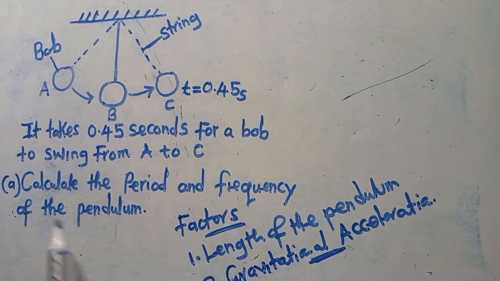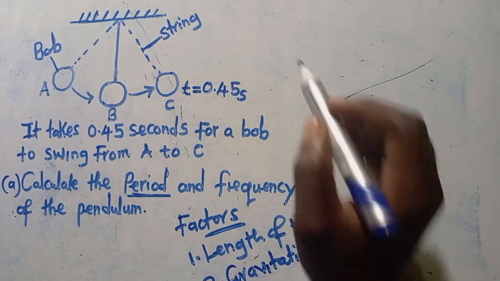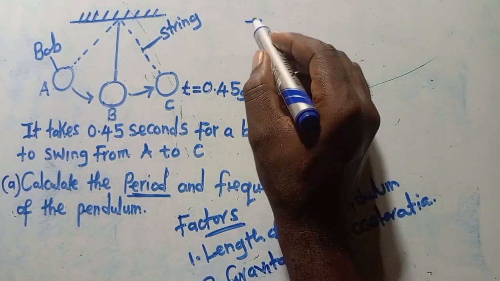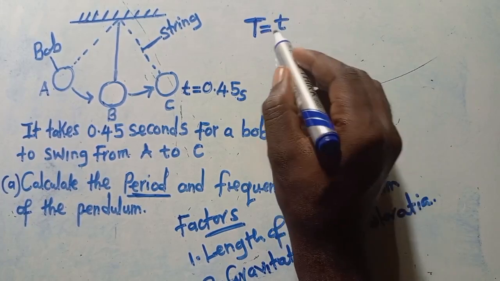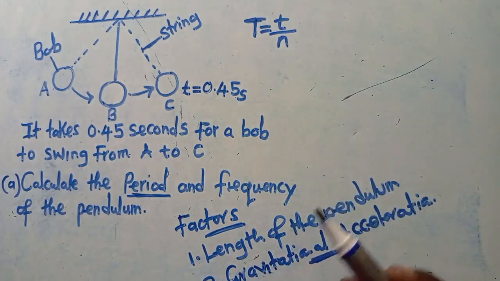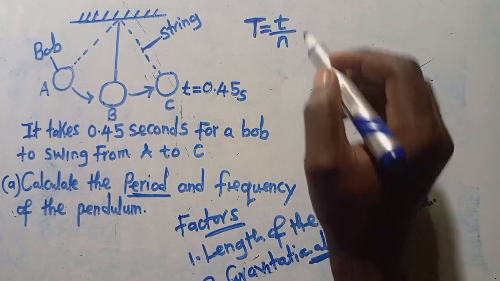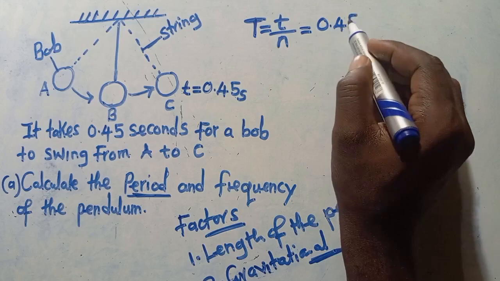So in answering the question here, you want to calculate the period. The period of a pendulum, capital T, is given by the formula small t over n. What do we mean by n? The number of oscillations. In this case, we've got time, which is 0.45.